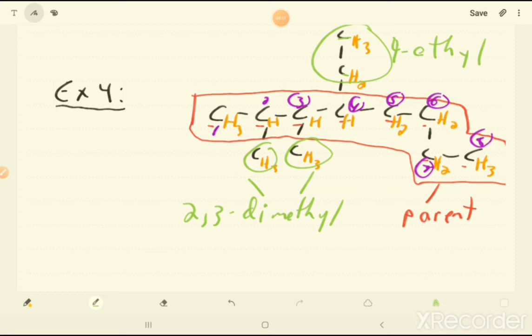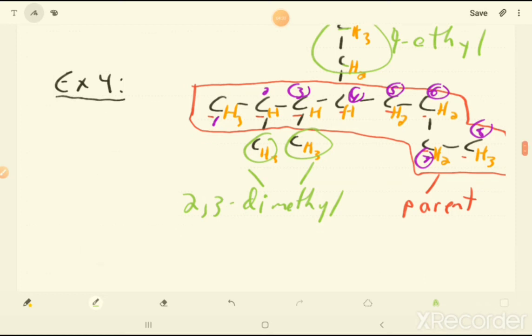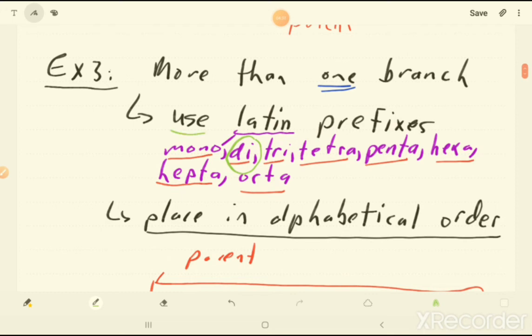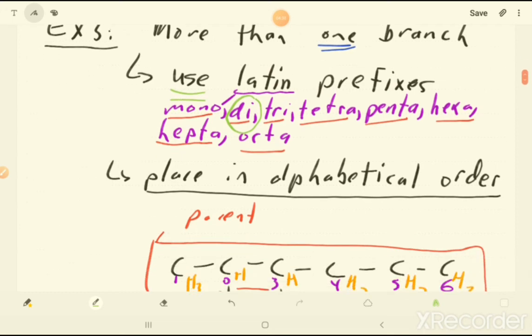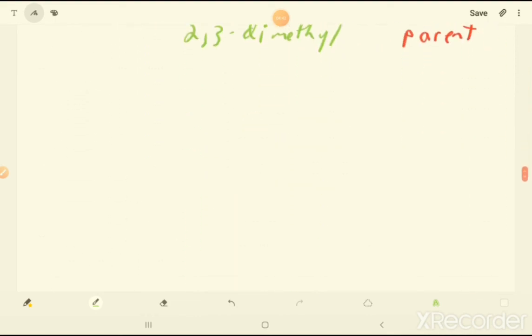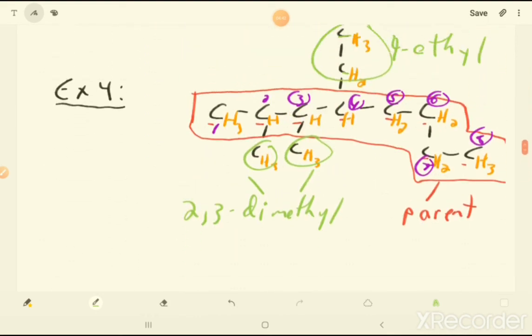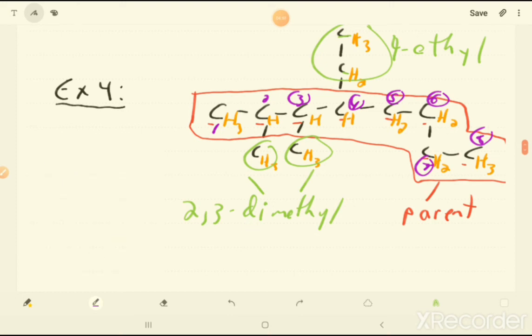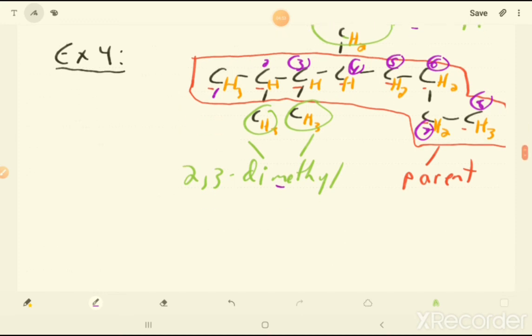And so when we put this whole name together, if you look back at the rules, we use the Latin prefixes, and if there's more than one type of branch, we place them in alphabetical order. In this case, we ignore the prefixes, we just look at the branch name, and ethyl comes before methyl.